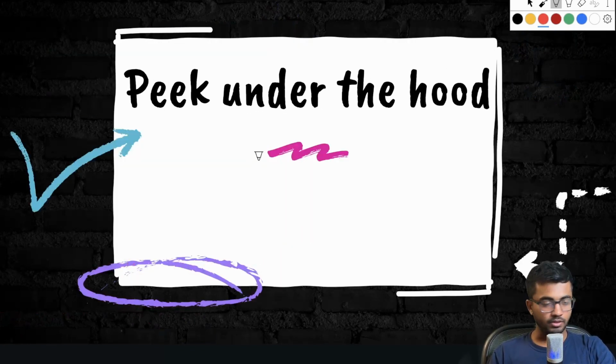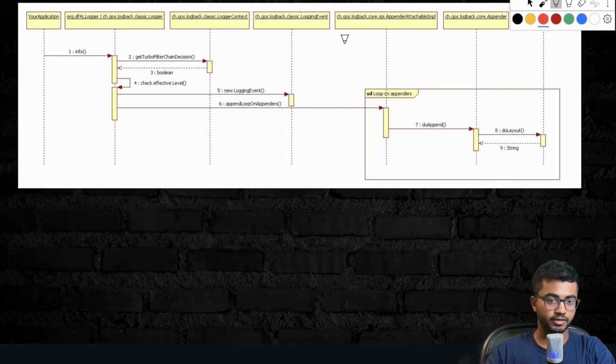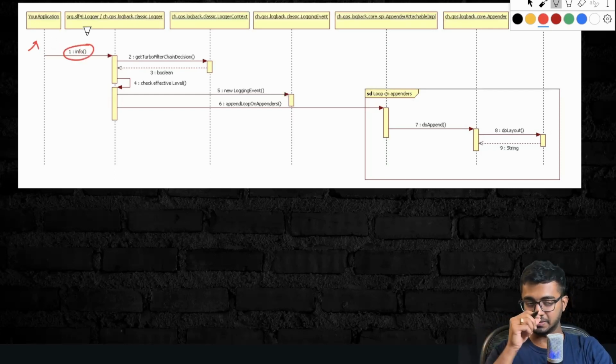Okay, now we have an idea of logging, appenders, and parameterized logging. So let's see how things work, or how things are stitched together under the hood. Let's look at a little bit of an architecture diagram. Okay, awesome. So we have the application. This was our Java program, Hello World 1 or Hello World 2, which was firing the log request. Let's say we are firing the info request in this case, right?